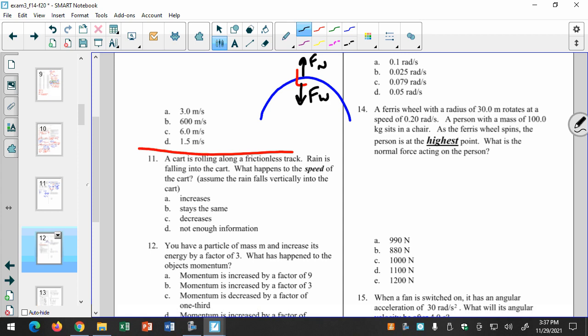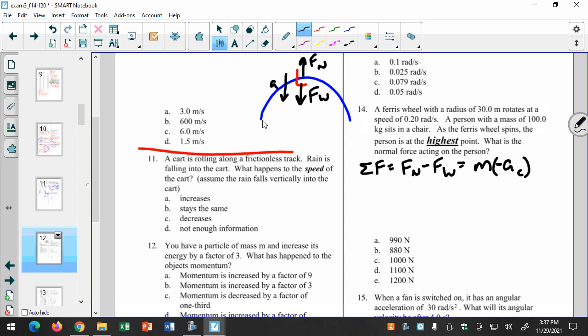So I know the sum of the forces is going to be Fn minus Fw. My acceleration is center seeking, towards the center of the circle, so it's going to be negative. So this is equal to the mass times the centripetal acceleration, but I'm going to put a little negative sign right here to remember that this is a negative acceleration.